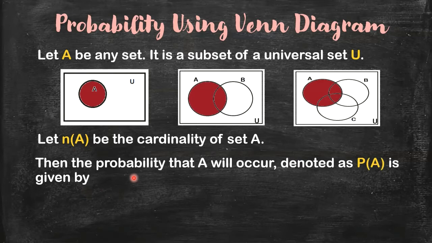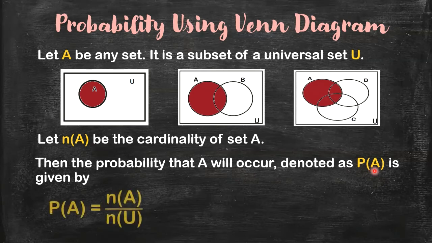Now, we define the probability that A will happen. Okay, this is our notation. P of A, the probability of A. This one is given by this formula. What do we mean by this fraction? Okay, ano yung N of A? This gives us the number of elements in the set A. Okay, yung N of U, this gives us the number of elements in the universal set.